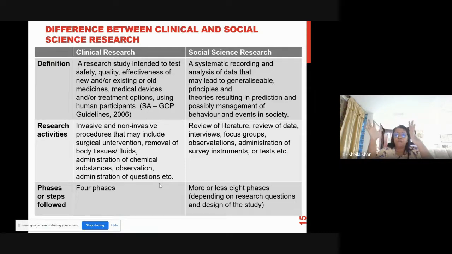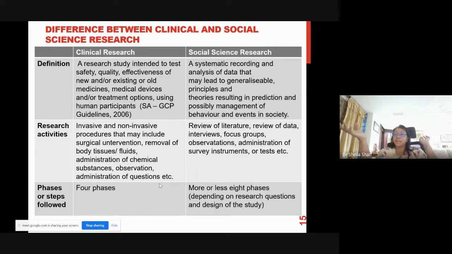Yours is actually a bit of social science research and also clinical research. Clinical research that you do, I'm not very sure how much you're involving medicine. It is a study intended to test the safety, the quality, and the effectiveness of new, existing, or old medicine and treatment, and most of the time it will be human.